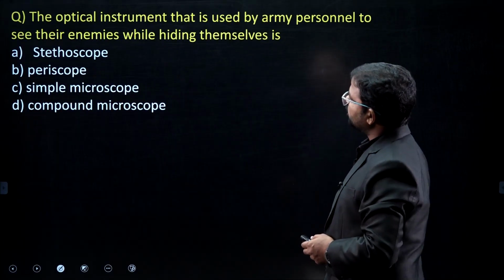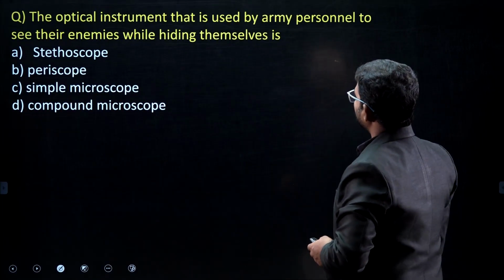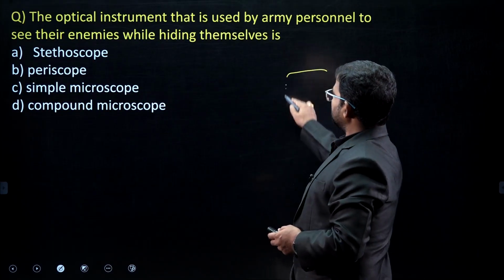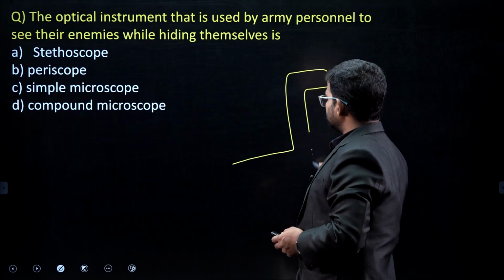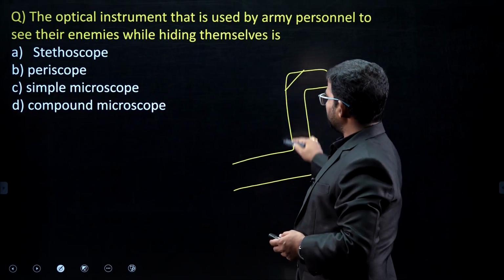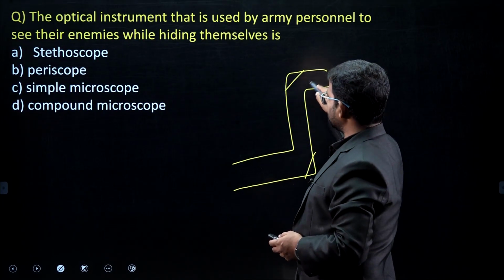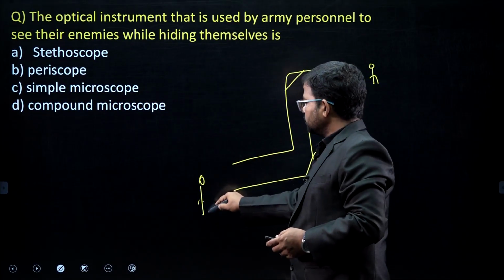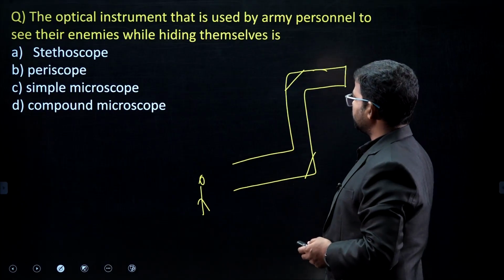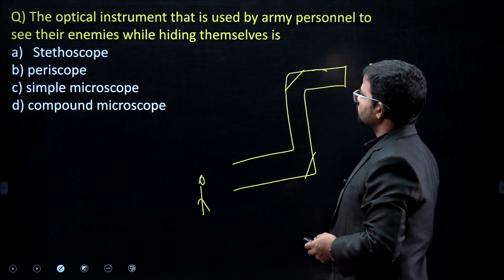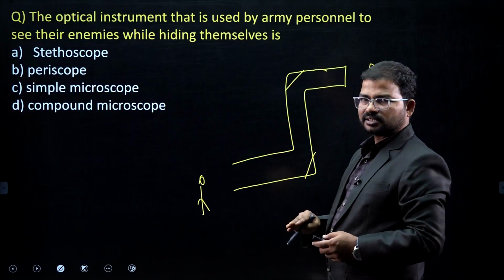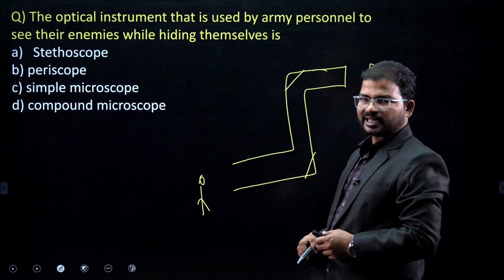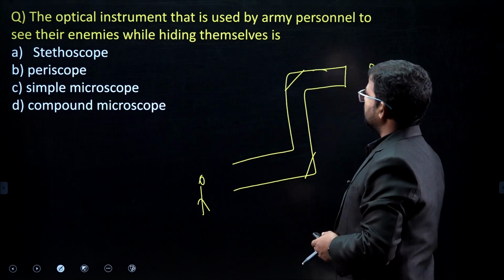Next, the optical instrument used by army personnel to see the enemies while hiding themselves. Mostly you can observe this type of instrumentation. We consider two plane mirrors in a Z shape. Suppose here is the object and here is the observer. Using this, they can easily notice who is present in high altitude regions. We can observe this in submarines and in bunkers used by armed forces.